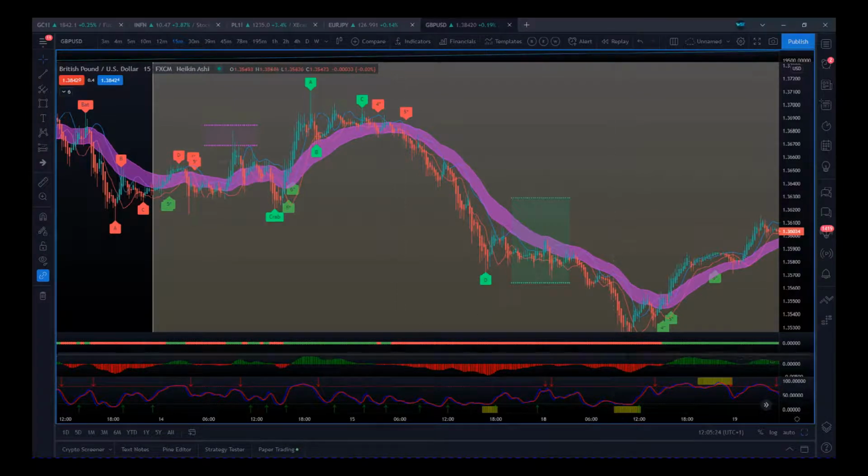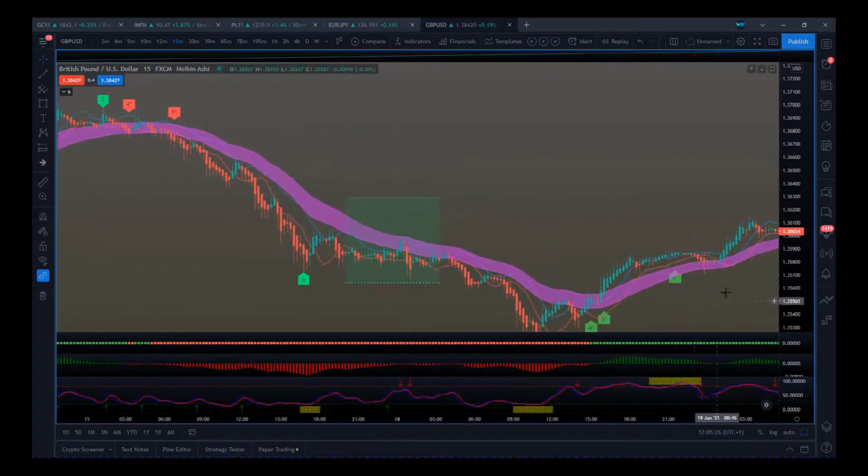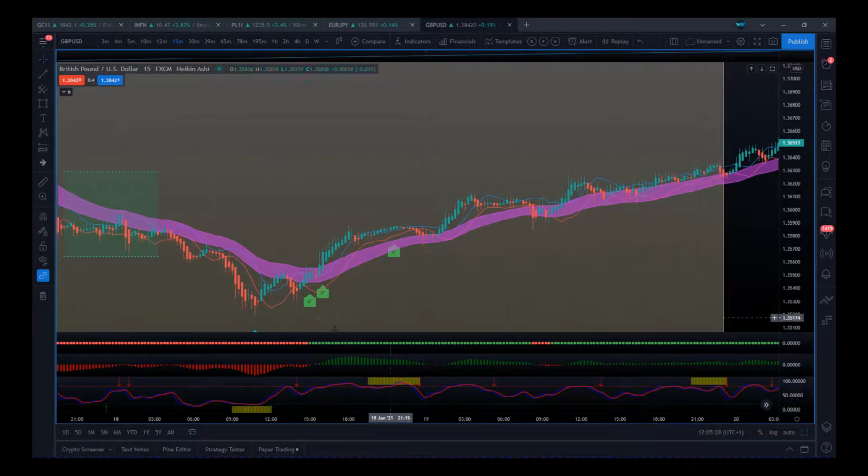We're going. Okay, then if we move on, we get 4 and 5-star buys. Okay, we get 4 and 5-star buys on the 18th. We're going above that EMA Cloud. Our bias is bullish. Then we're going. Okay, and it just keeps going.